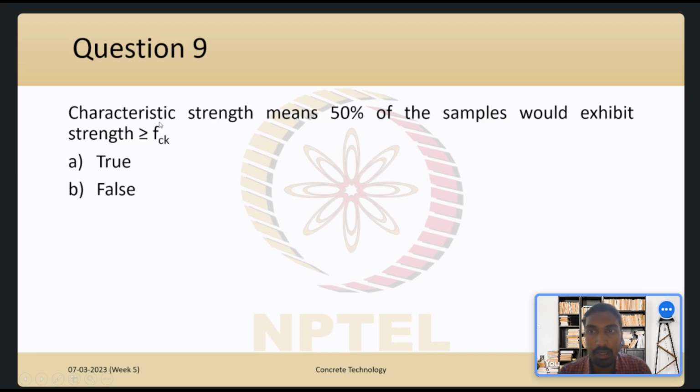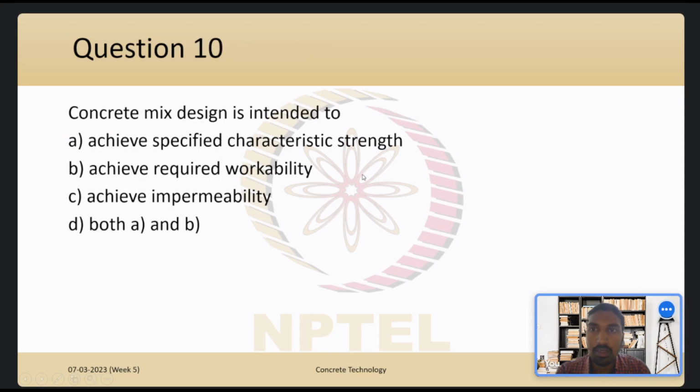So that particular value is taken as the FCK, and that is what we define as the characteristic strength. Therefore this statement is false, right? So 50% is nothing but the median of the distribution, so that is not the characteristic strength, so it is false.